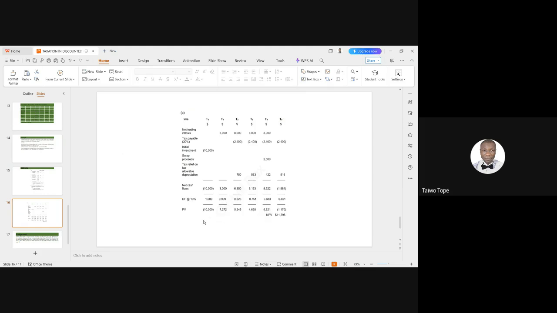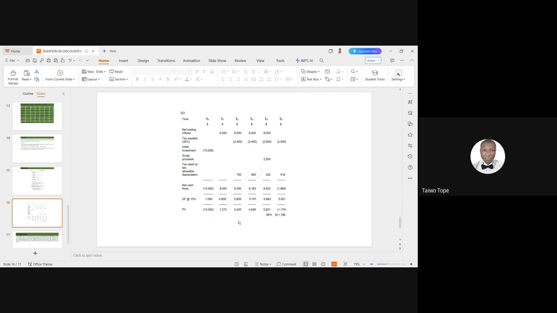So the present value will be what? 1 multiplied by 10,000, negative 10,000, and 0.909 multiplied by 8,000, 7,272. That will be the present value. And 0.826 multiplied by 6,350, 5,245, and 6,163 multiplied by 0.751, you have 4,628, and 8,522 multiplied by 0.683, you have 5,821, and 0.621 multiplied by negative 1,884, you have a negative of 1,170.